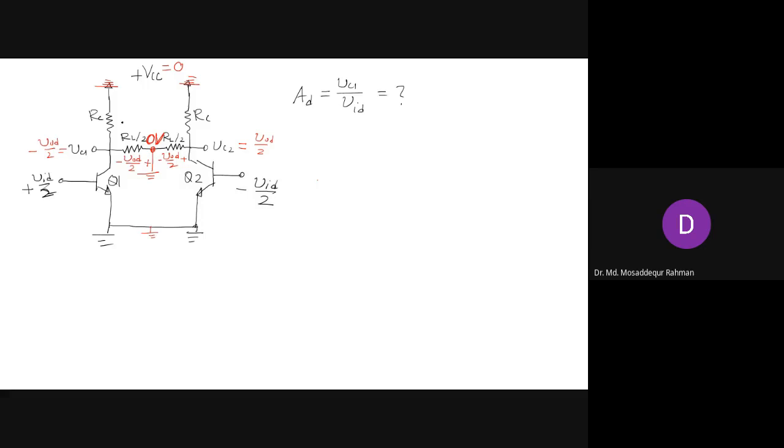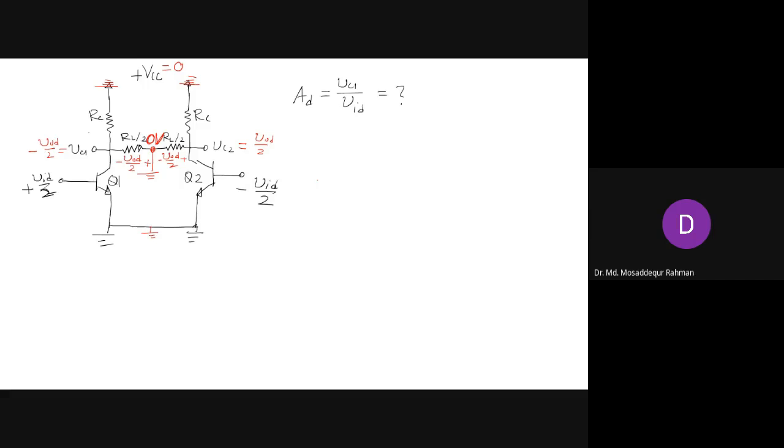And now this part is also connected to ground. Now see, RC here is also connected to ground. So it is obvious that, as long as small signal voltages and currents are concerned, this half of RL will be in parallel with this RC, and this half of RL will be in parallel with this RC.